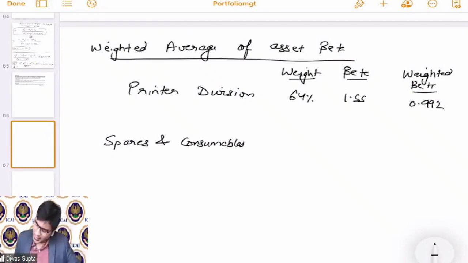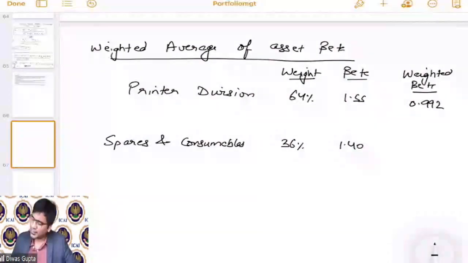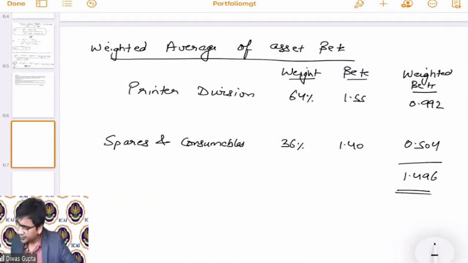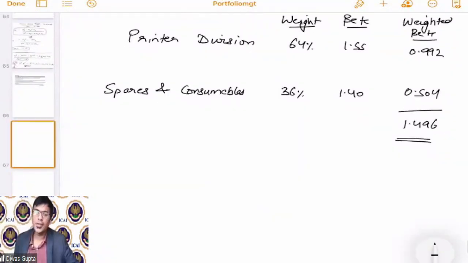The weight is 36% and the beta is 1.40. 1.4 multiplied by 0.36 comes to 0.504. Adding 0.992, it comes out to be 1.496. So this is the overall asset beta.